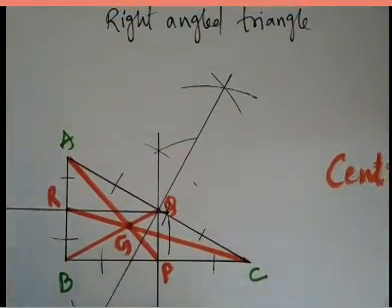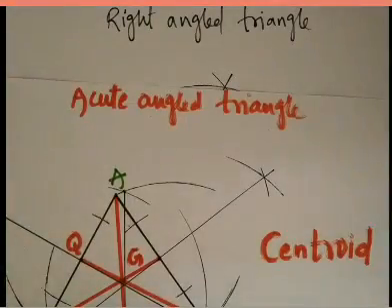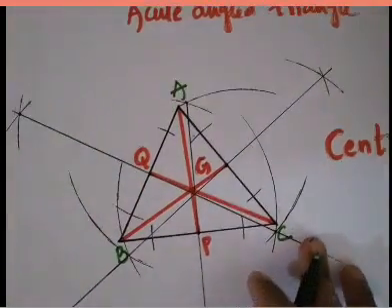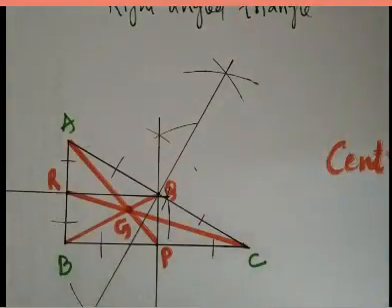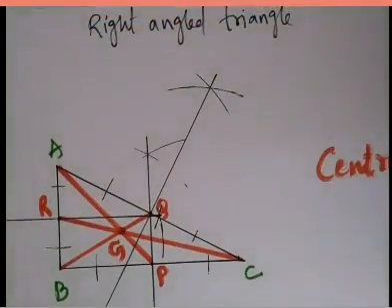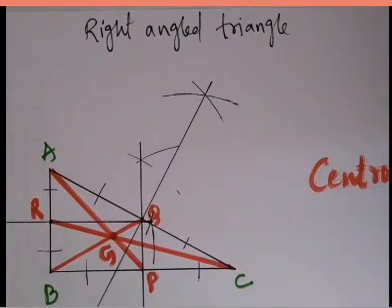Now in all the 3 cases, if you observe: obtuse angle triangle, centroid we have got inside the triangle. Acute angle triangle, centroid inside the triangle. Right angle triangle, centroid inside the triangle. In all the 3 cases, the centroid is inside the triangle.